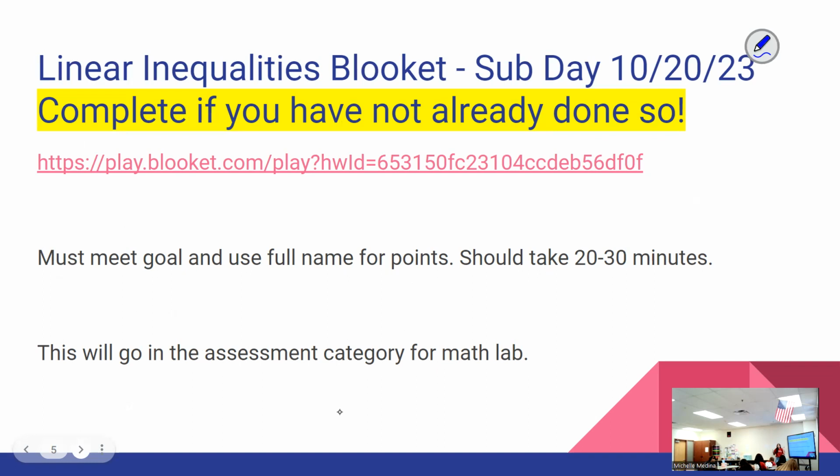But if you typed in your name and didn't work on it, like maybe all you did was type in your name, so say no progress or something like that, then you need to go back and do some of it. It's going to take you maybe around 20 minutes, I think, would be enough to reach the goal that's on there. You see the score decently enough. But that was Friday's stuff. So if you already did it, great.